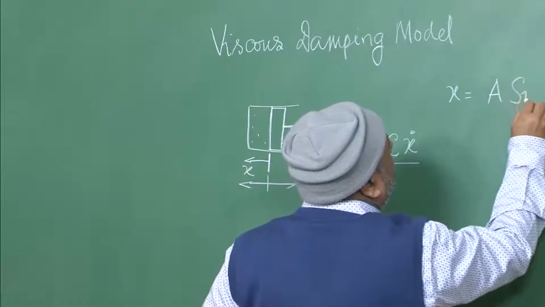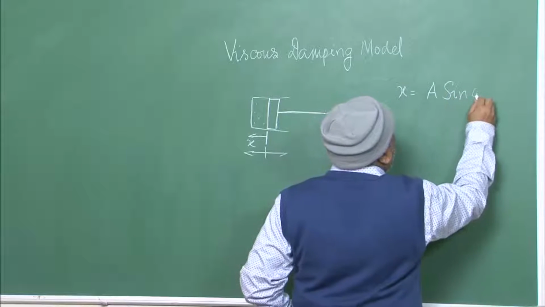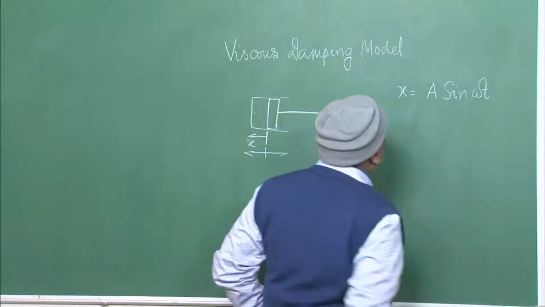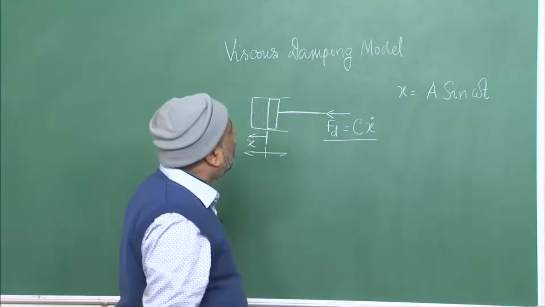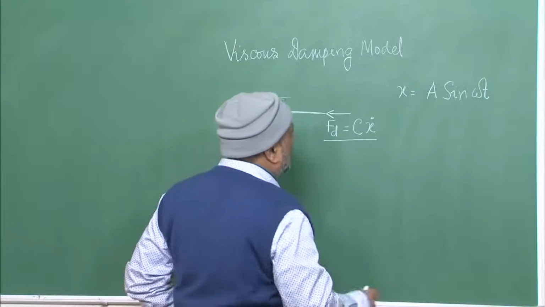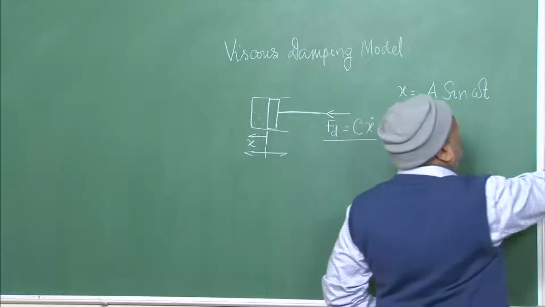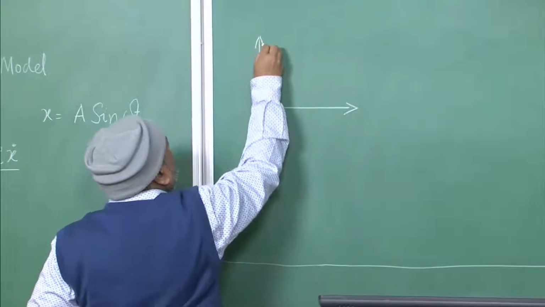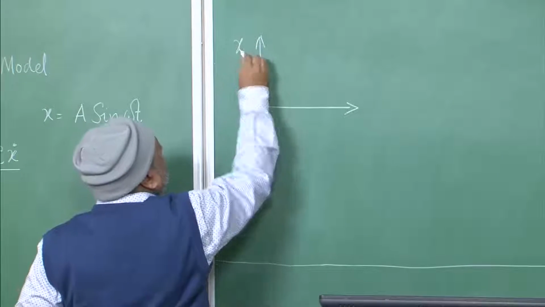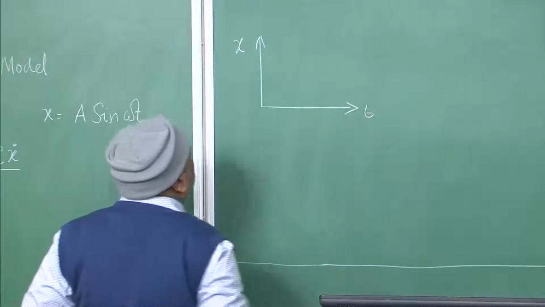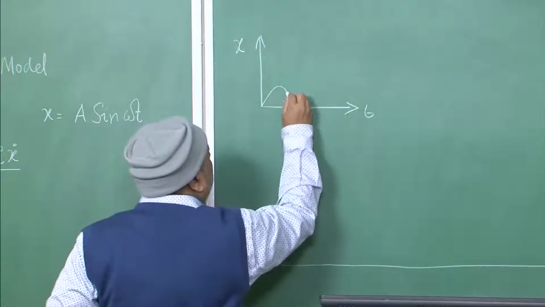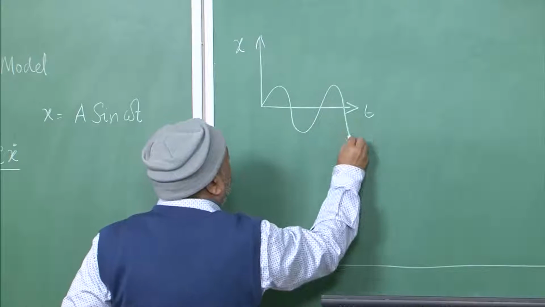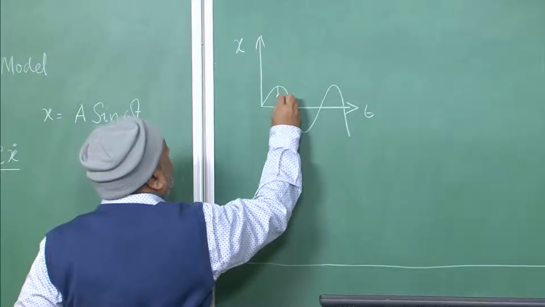So, we can write it as something like x equals a sin omega t, so that it is periodic. If I try to visualize x versus t, then it will come something like this, where a is the amplitude.